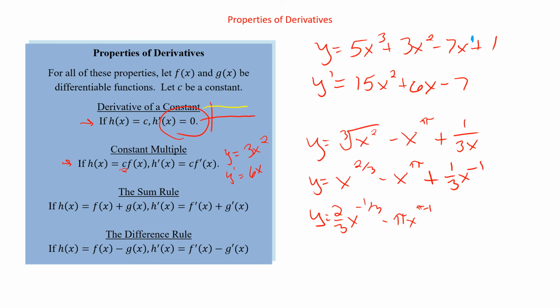People always say, what's pi minus 1? Pi minus 1 is pi minus 1. It's about 2.14, but just write it as pi minus 1. That's fine. Then plus or negative, because the negative 1 is going to come out, negative 1/3 x to the negative 2. There we go. That's the derivative. That's y prime.